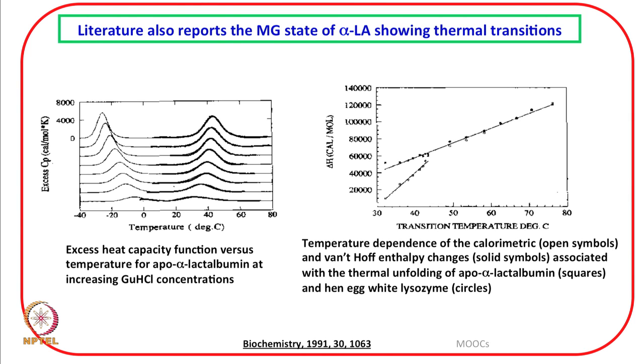They observed that the calorimetric and Van 't Hoff enthalpies for apo alpha lactalbumin in presence of various concentrations of guanidinium hydrochloride are not equal, whereas the calorimetric enthalpy and Van 't Hoff enthalpy for thermal unfolding of hen egg white lysozyme are equal.